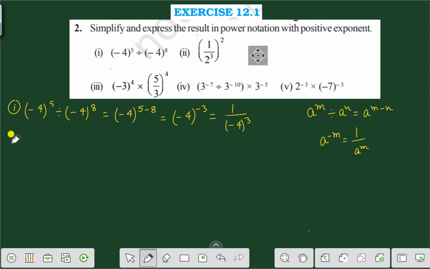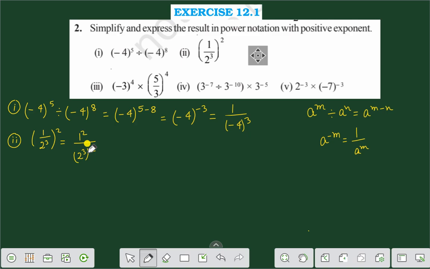Now question number 2. Question number 2 is (1 by 2^3)^2. Therefore, we are getting 1 square into (2^3) to the power 2, right?